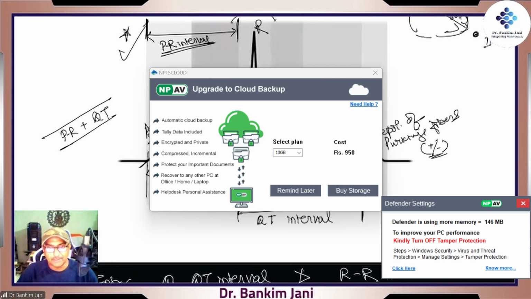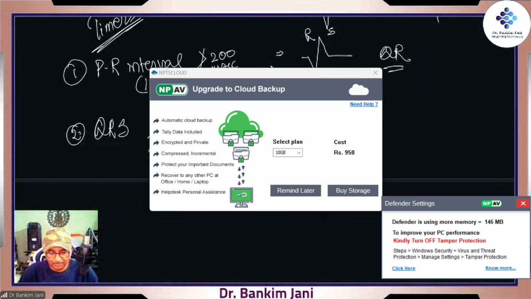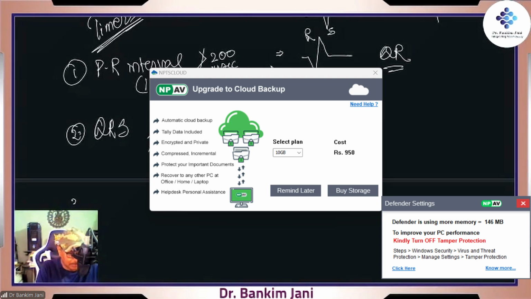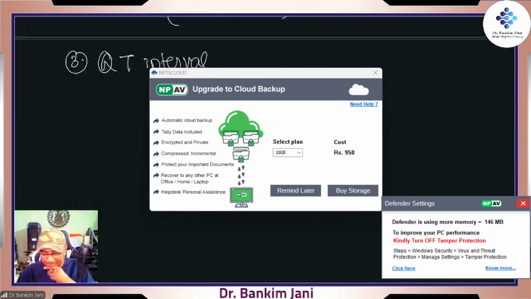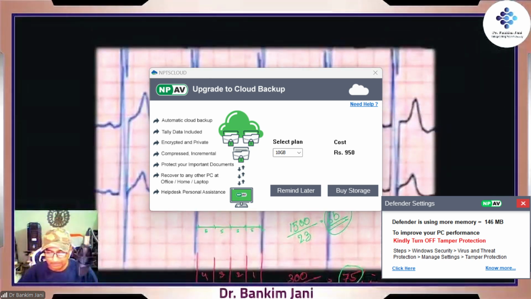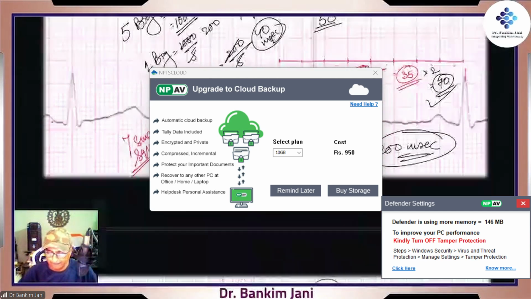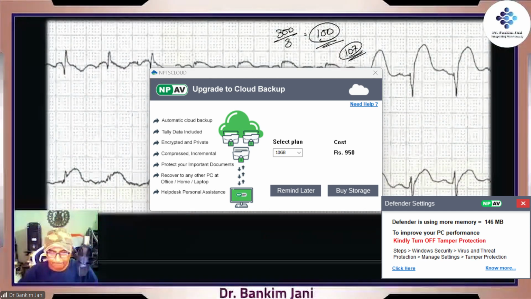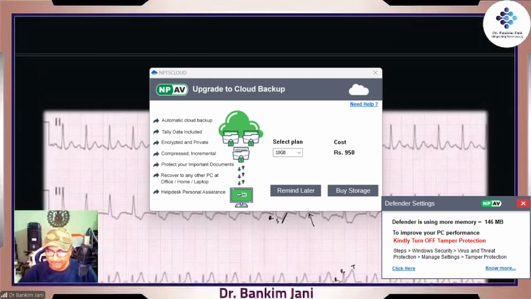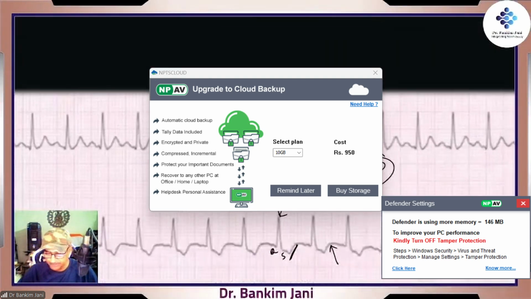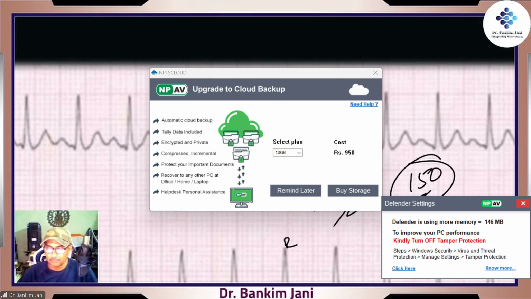So for this QT interval, calculate the QT interval in this one. In this one, calculate the QT interval. You know from where the Q starts, so the QT interval is what distance?